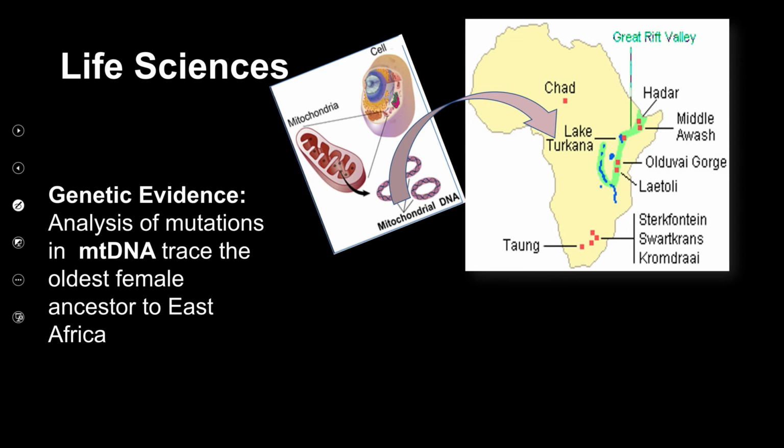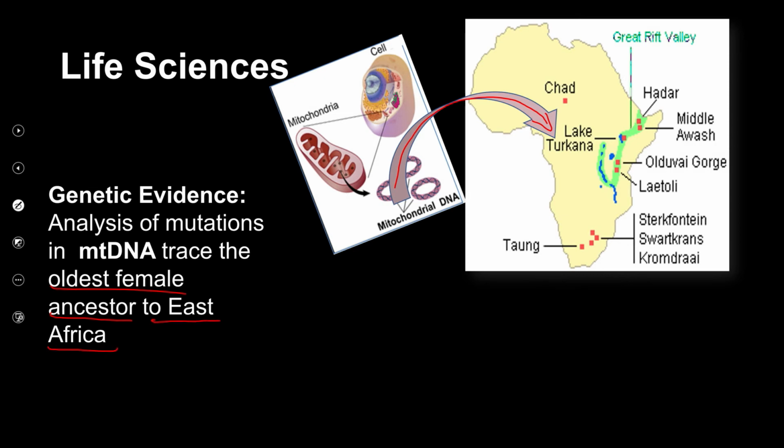Here, what they've managed to do with the mitochondrial DNA is trace it all the way back to a very early ancestor, the oldest female ancestor that they believe, and she comes from East Africa.